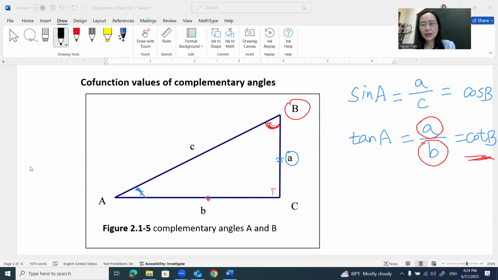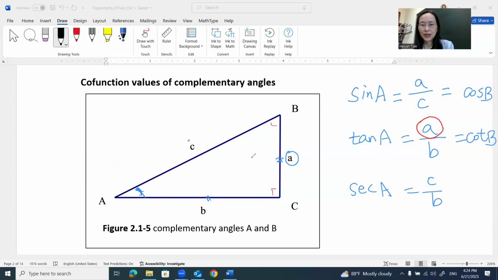Okay, so then we can do one more, that is secant. Secant A is the hypotenuse c over the adjacent side of A, right? The adjacent side of A is b.